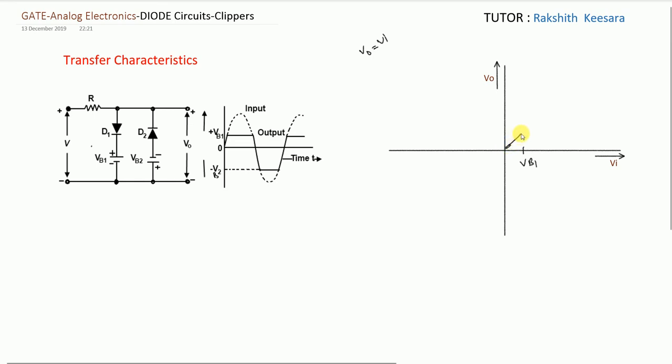Straight line. And whenever input voltage is greater than VB1, the output voltage is not following input voltage. It is constant, like VB1. So, whenever input voltage is greater than VB1, output voltage is constant at VB1, like this. This is VB1.